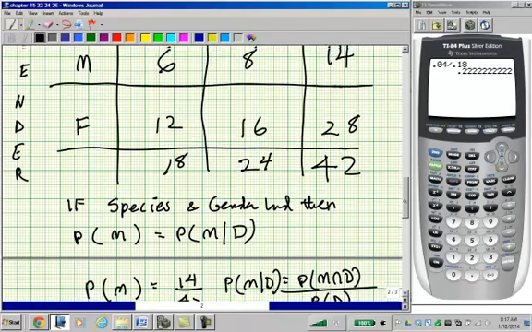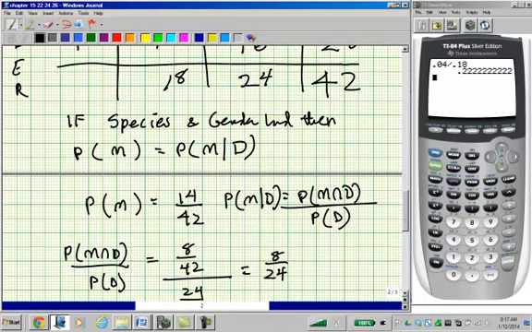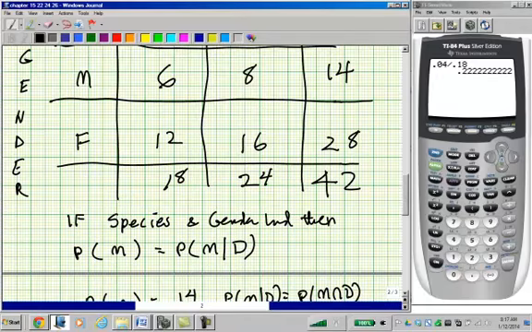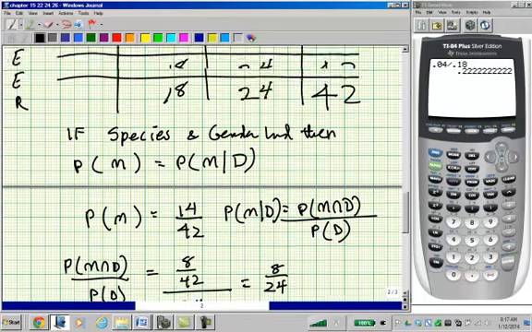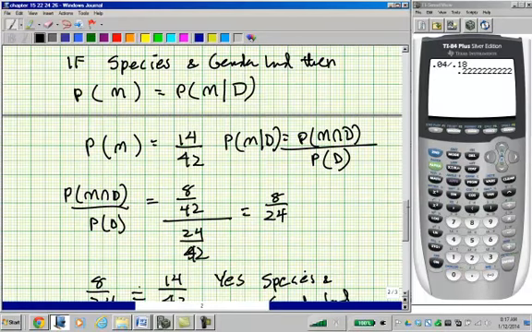Well, the probability of male and dog is right here, the intersection of male and dog. So that's 18 over 42. And the probability that the species is a dog is 24 out of 42, which simply transforms to 18 over 24.